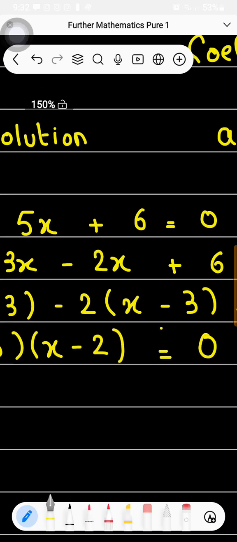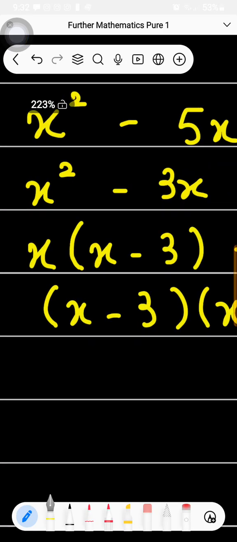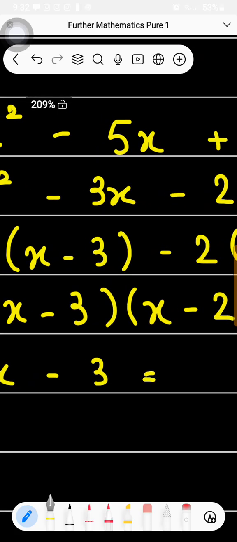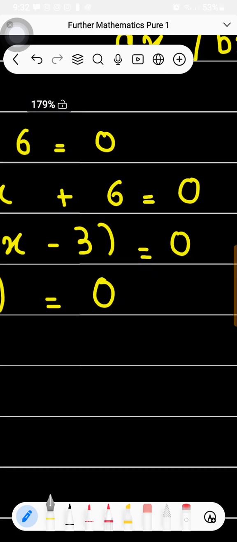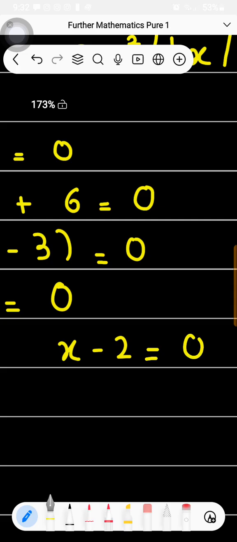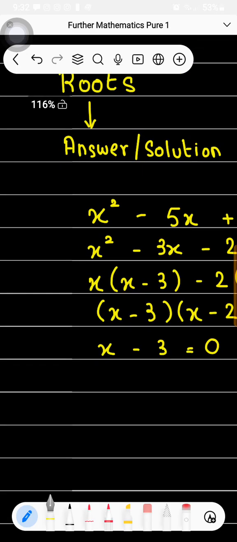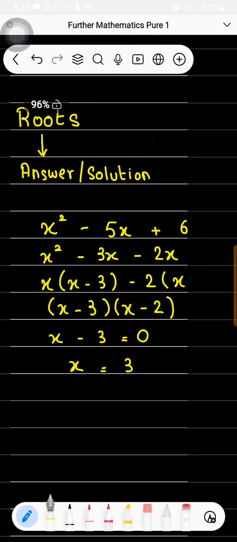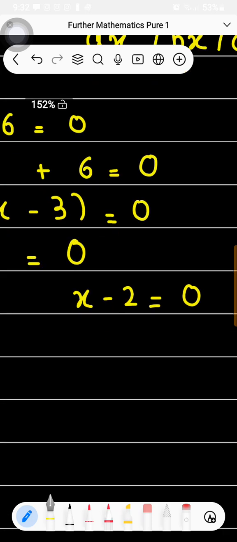So here we get x = 3. But before that I am writing it as x - 3 = 0 and x - 2 = 0, and then x = 3, and here also x = 2.